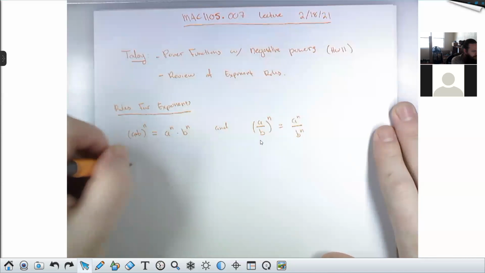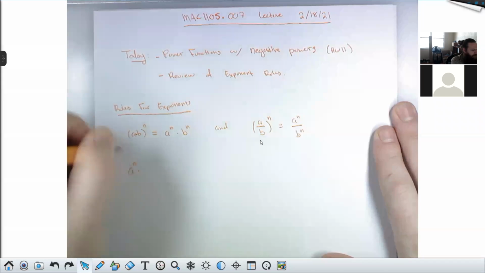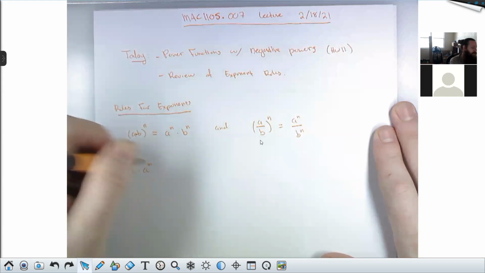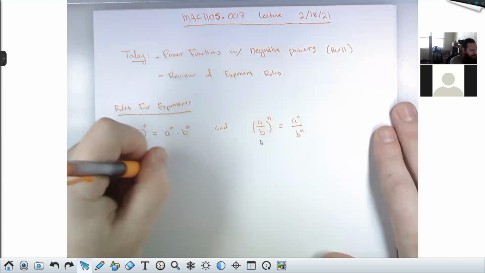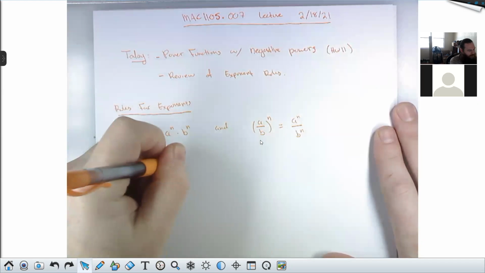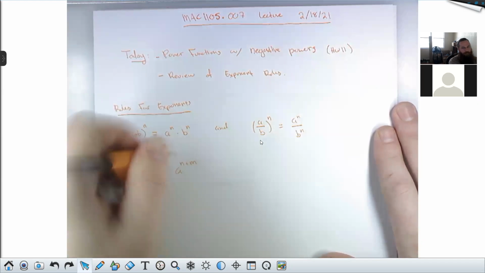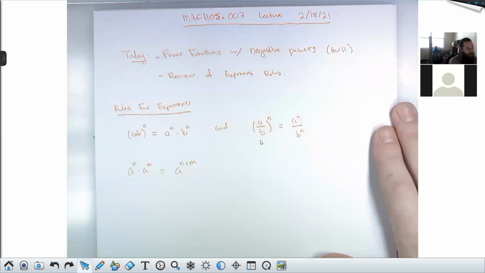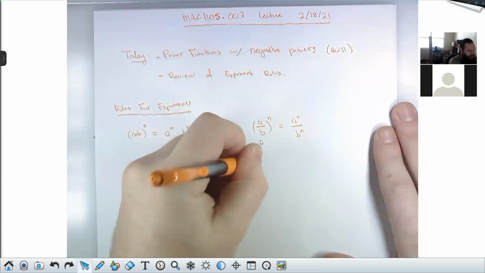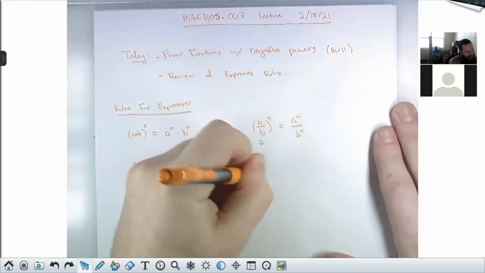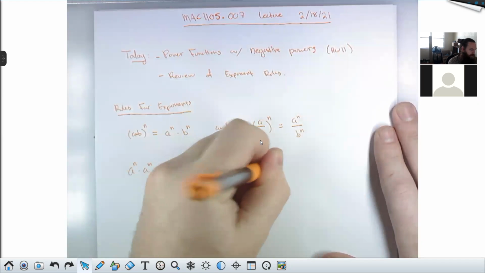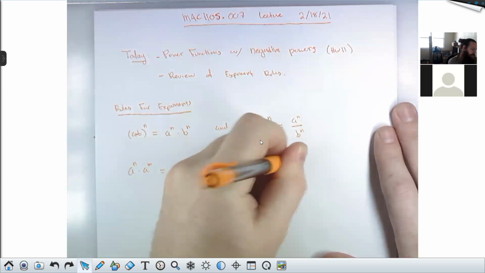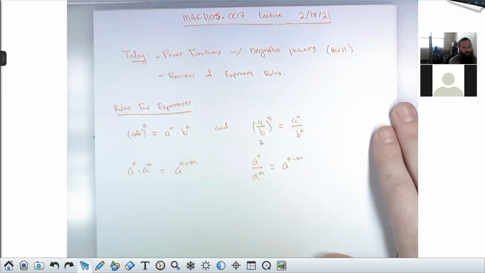And then you have a pair of rules talking about how to multiply like bases with different powers. So a to the n times a to the m is a to the n plus m. And similarly, if I want to divide like bases with different exponents, I can do that like this.